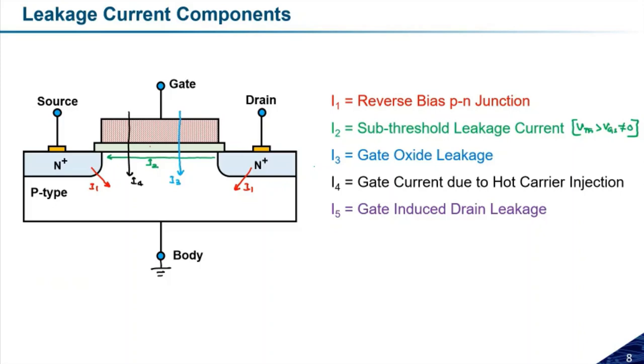Suppose here we have some channel, and here we have some substrate. Because of that, some current can flow between the channel and the substrate.